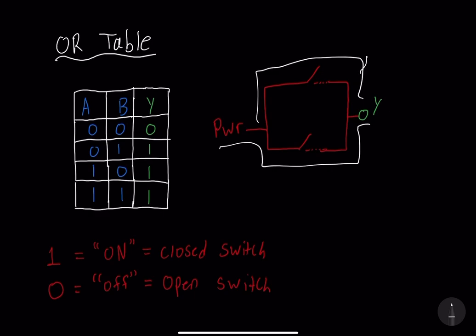As long as one of the switches is closed, meaning one of the inputs is equal to 1, because we know 1 is equal to on and on equals closed switch, that will lead Y to also be equal to 1.